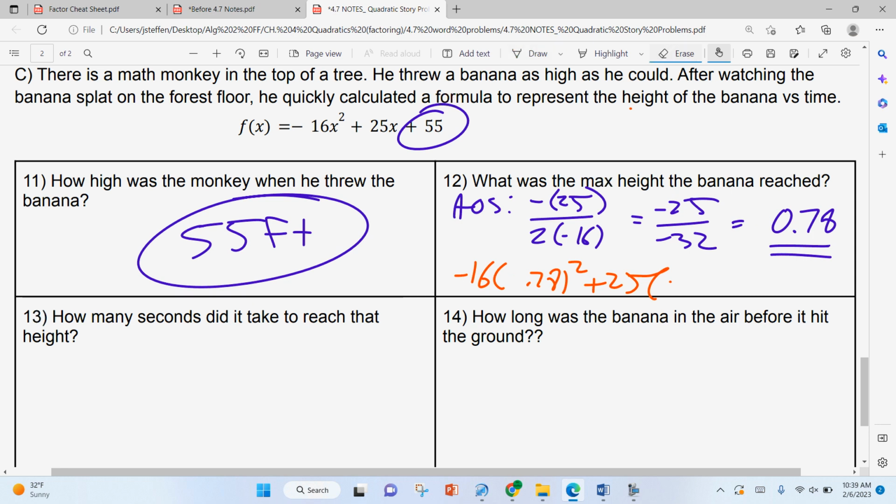So it's not supposed to be negative. And that's 64.77. I couldn't fit the second 7 on there.